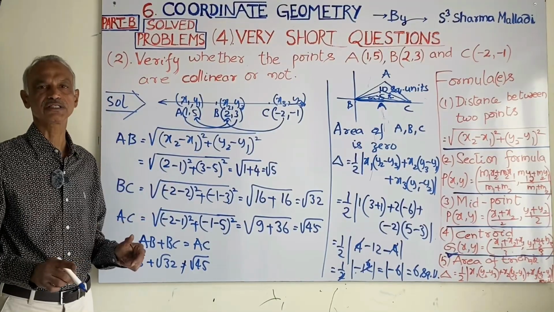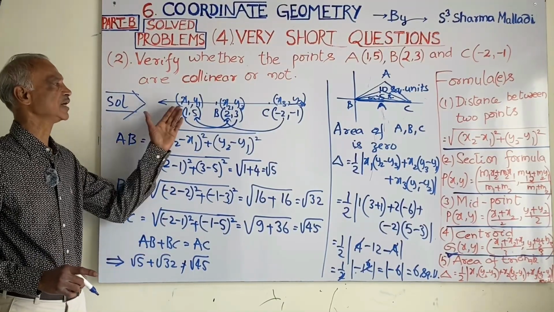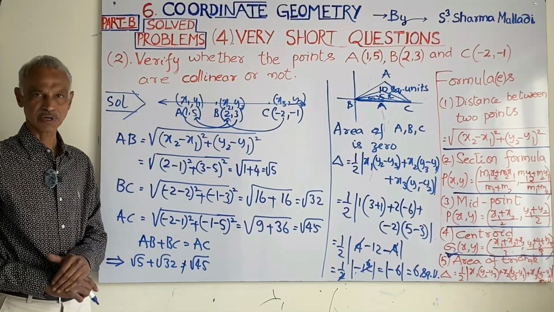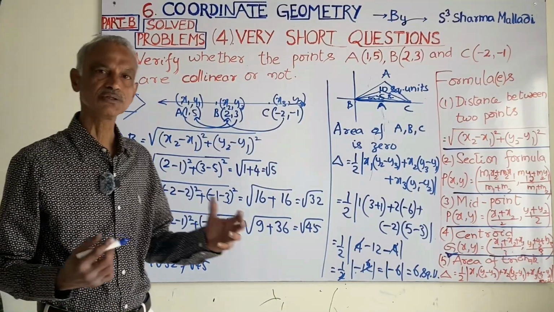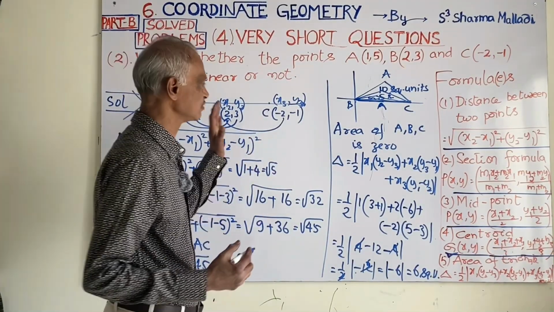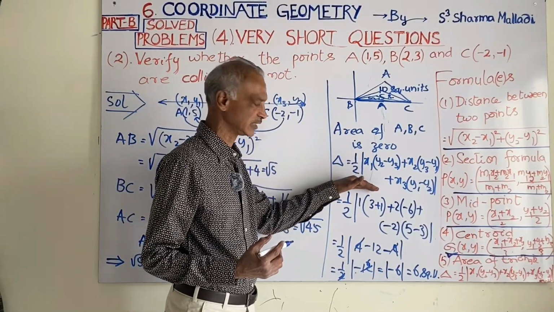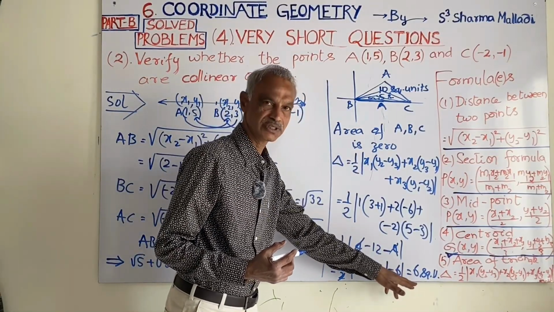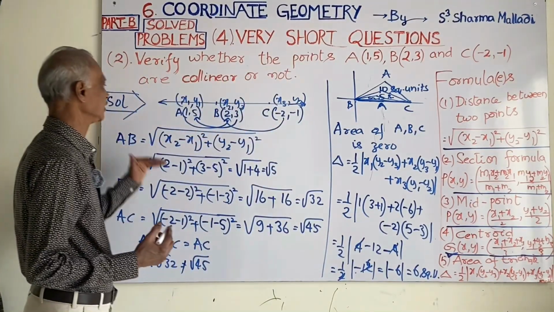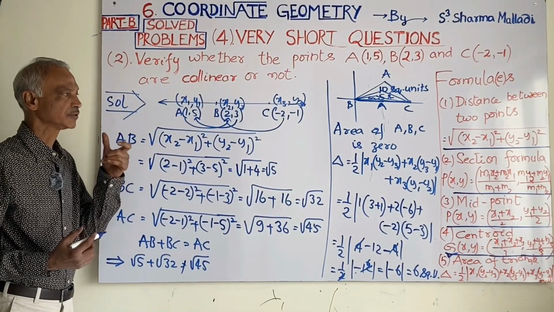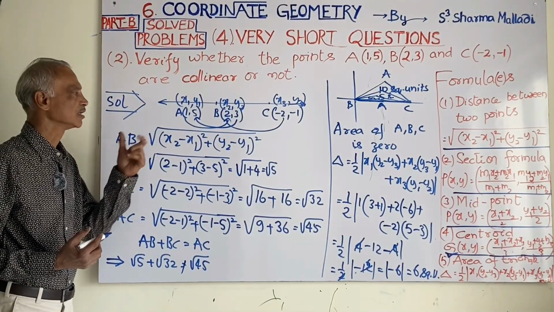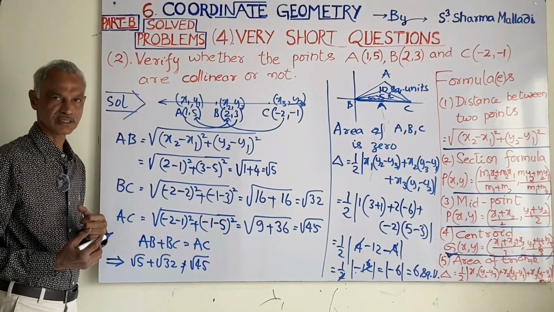You are not getting 0. Therefore, these points are not collinear points. For collinear points, you can use two formulas: distance between 2 points and area of the triangle. If you take the area of the triangle, you should get 0. If you take the distance between 2 points, you should get AB plus BC equal to AC.